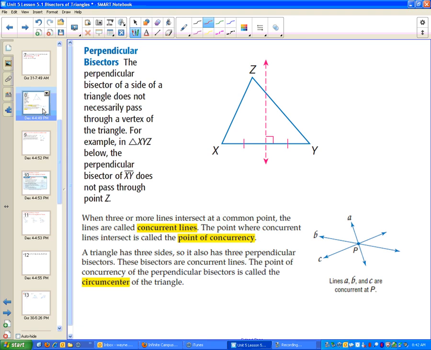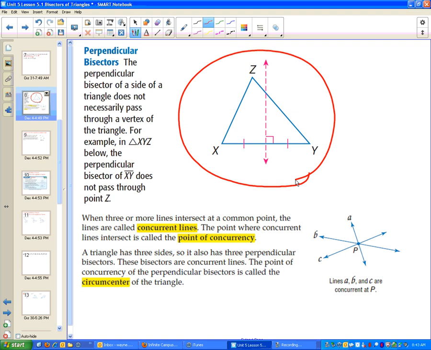For example, in triangle XYZ, the perpendicular bisector of segment XY does not pass through point Z. So, I put this on here. Don't assume that since it works out just perfectly for isosceles triangles that it does for all triangles. Because it doesn't.